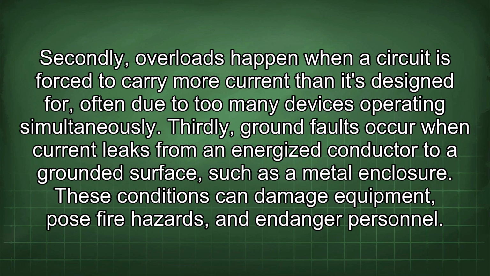Secondly, overloads happen when a circuit is forced to carry more current than it's designed for, often due to too many devices operating simultaneously. Thirdly, ground faults occur when current leaks from an energized conductor to a grounded surface, such as a metal enclosure. These conditions can damage equipment, pose fire hazards, and endanger personnel.